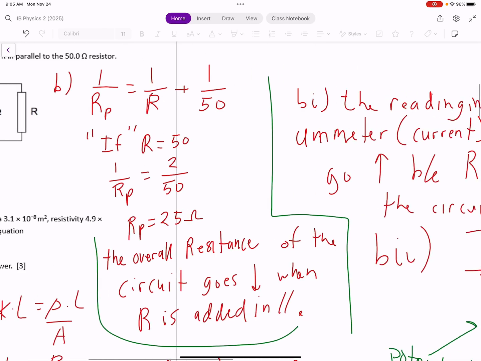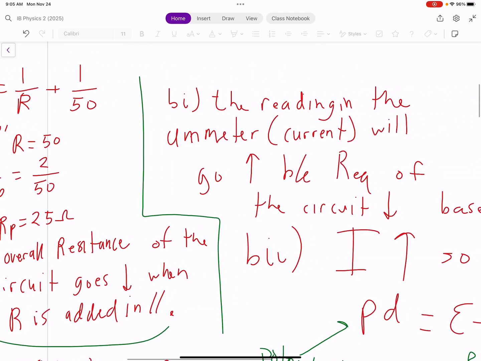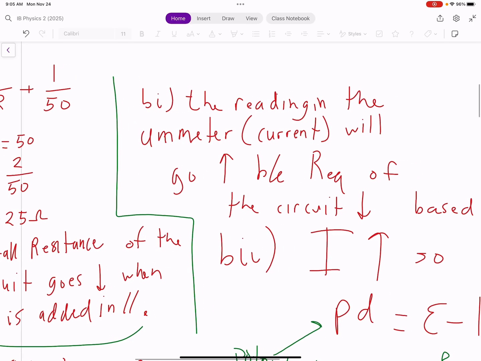So how does this affect the ammeter? The reading in the ammeter will go up because the equivalent resistance of the circuit goes down. This is interesting, because some students might think the opposite. They might think if you're adding more resistors, the resistance should go up and the current should go down because more resistance makes the current slower.